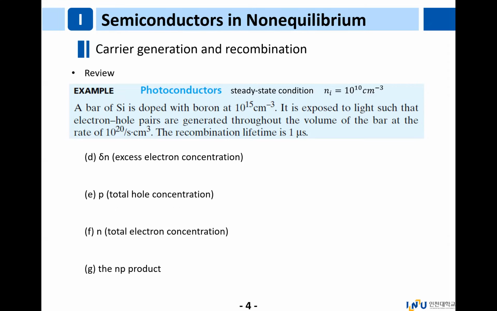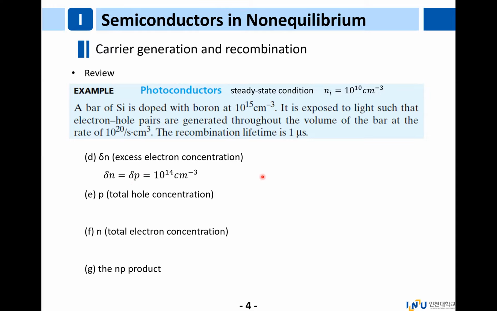Continuing, as the current situation involves continuous exposure to light, electrons and holes are always generated in pairs. Therefore, delta n should be considered equal to delta p.